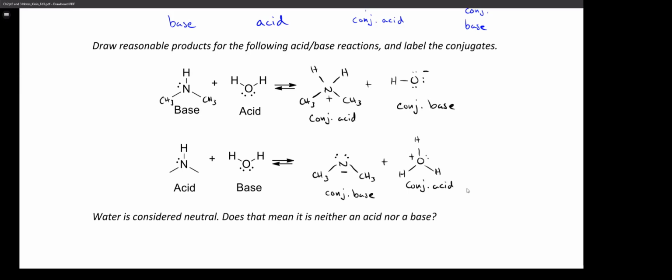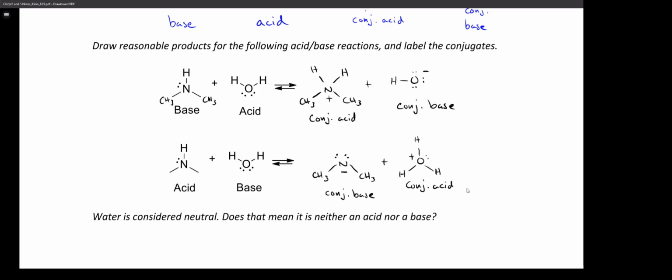Now, in reality, neither of these reactions are going to really work. This all comes down to equilibrium. In both of these cases, the equilibrium favors the left. In the top case, it slightly favors the left. By slightly, I mean maybe 10,000 to 1. That's pretty significant.